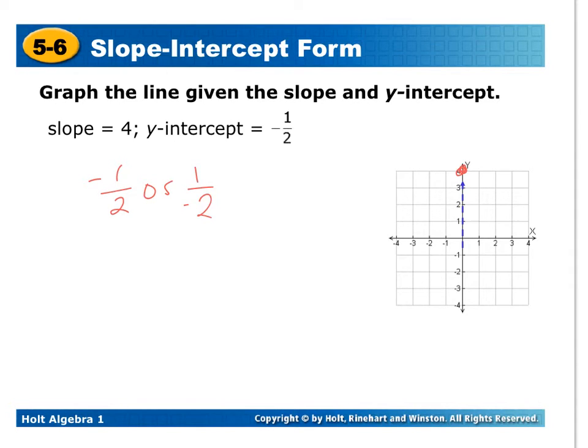I'm going to choose -1 over 2 because I'm already kind of at the top of my graph. So I'm going to go down 1, and then over 2. And I'm going to go down 1, over 2 again. Go ahead and draw the line.